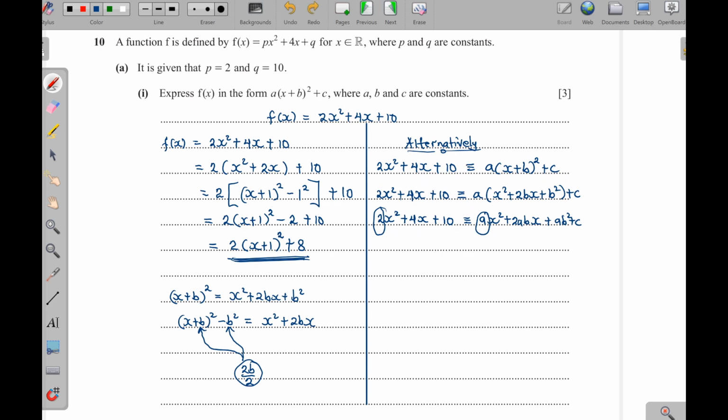From here, this implies that our a is equal to 2, and then the coefficient of x, which is 4, is equal to 2ab. Our a is 2, and then our b here. So this is 4, then divide all through by 4.